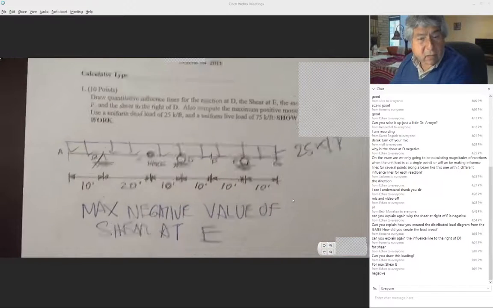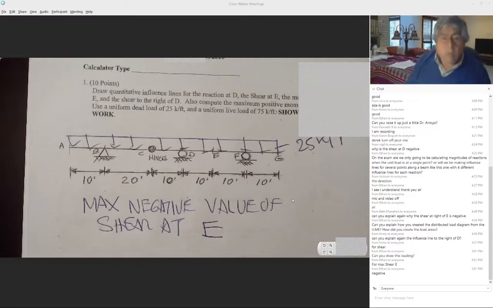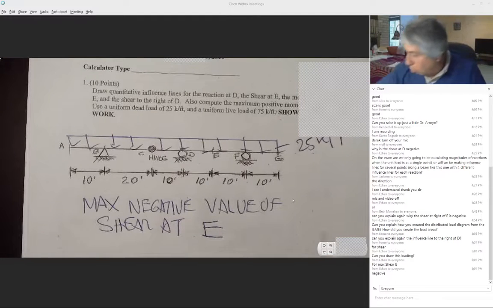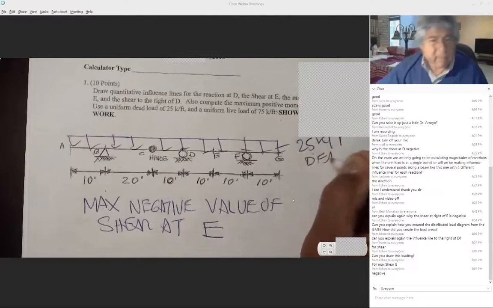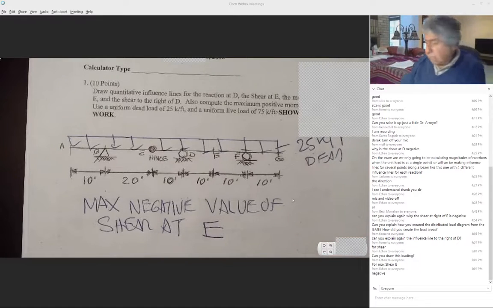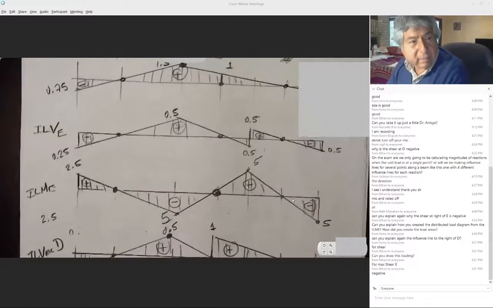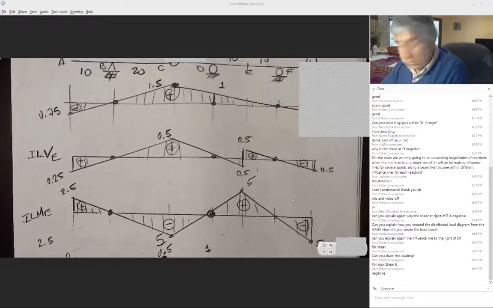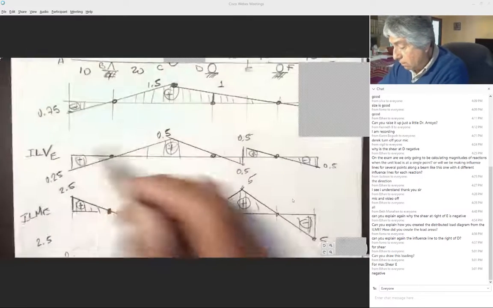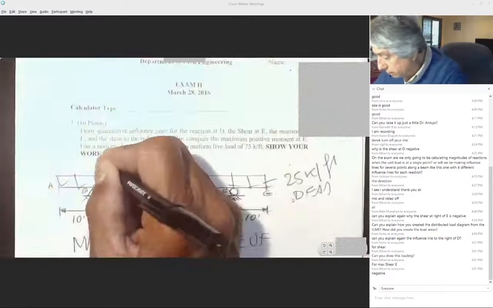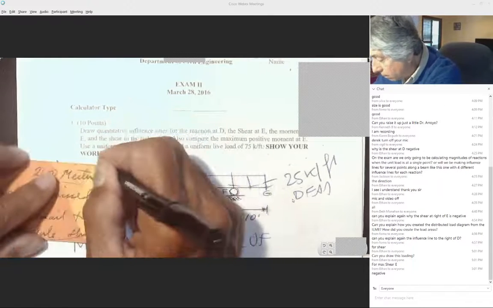So they want the maximum value of the shear. No matter what I do, the dead load has to be all over. But now since they want negative, I look at this diagram. So the negative is in here. I'm gonna put live load in here.